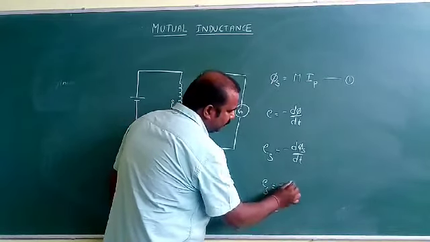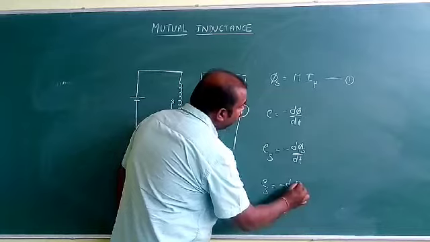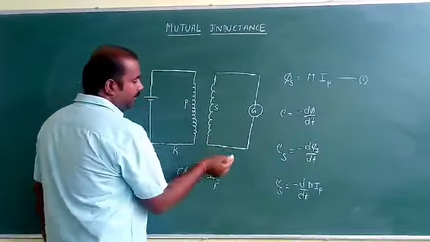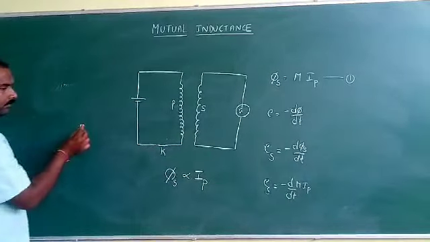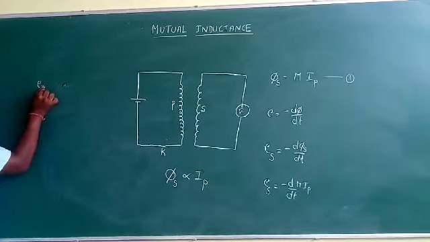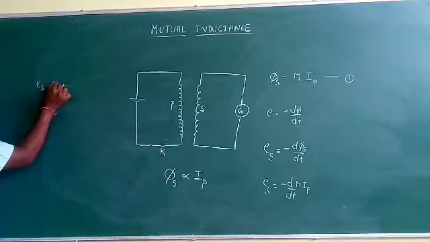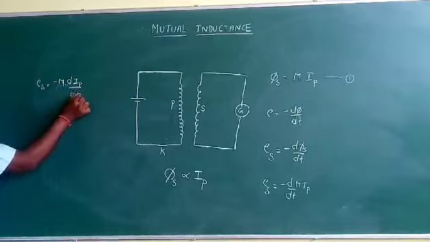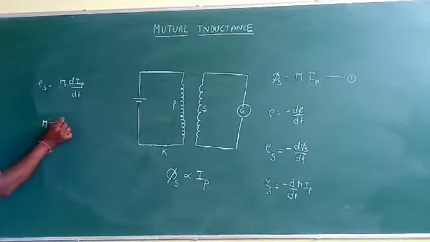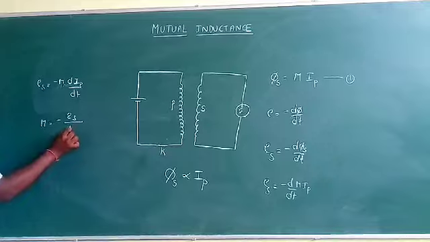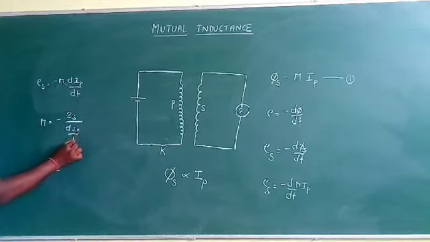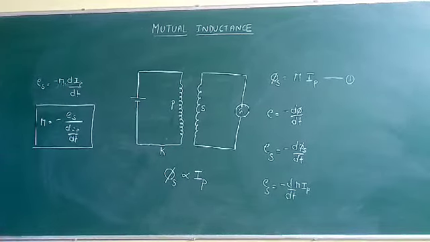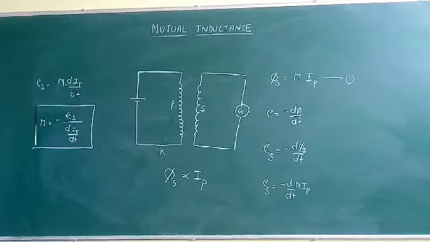So Es = -d/dt (M Ip), and finally Es = -M dIp/dt, and M = -Es/(dIp/dt).